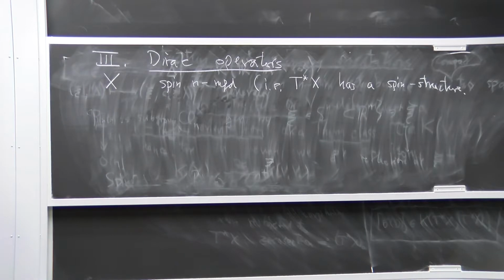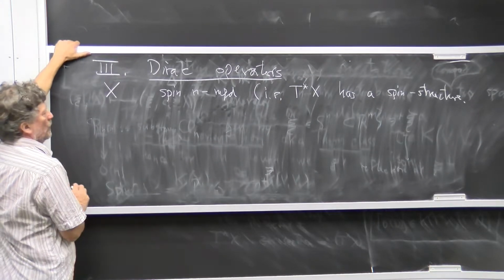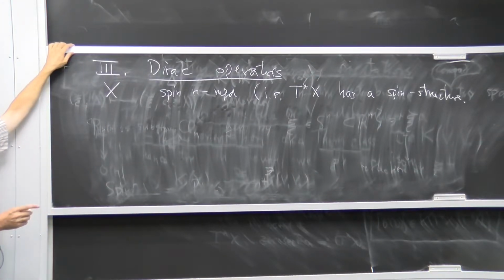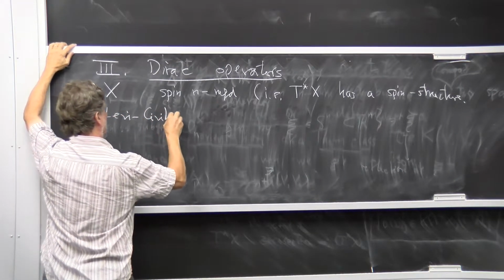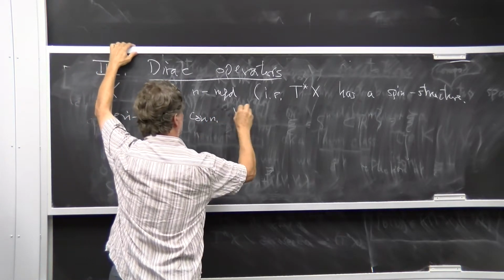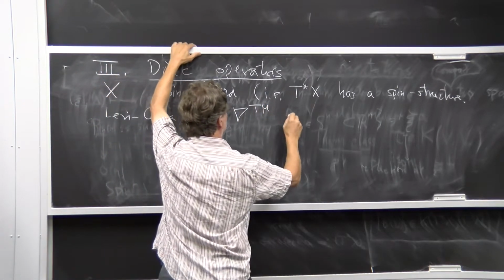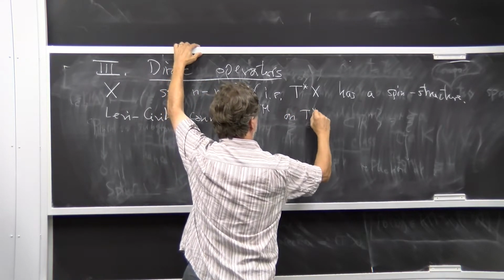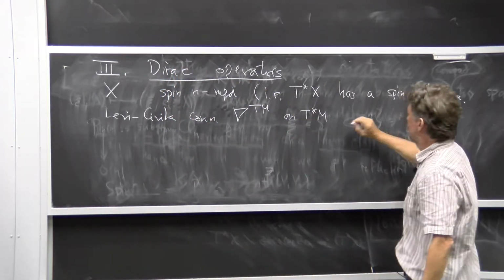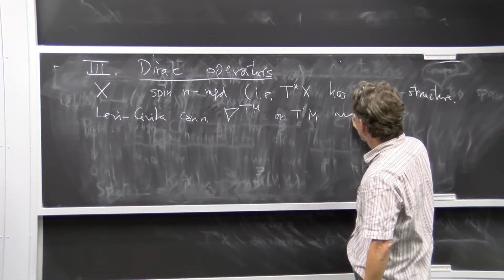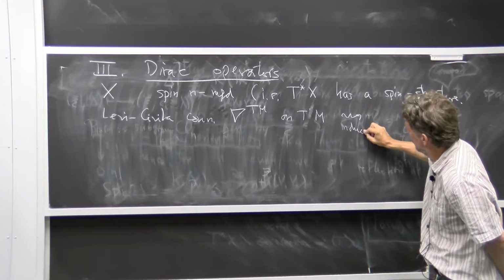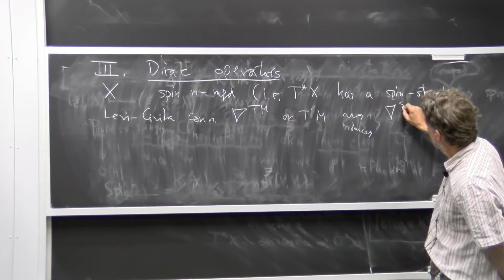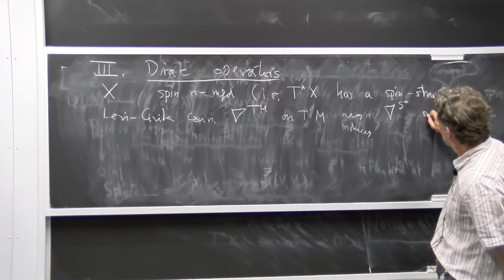Okay, so then how can we write down an operator? Here's what we do. The most important part is you use the Riemannian metric to argue that you have the Levi-Civita connection on the tangent bundle of M. And that has the effect that this induces a connection nabla S plus on the spinor bundle.